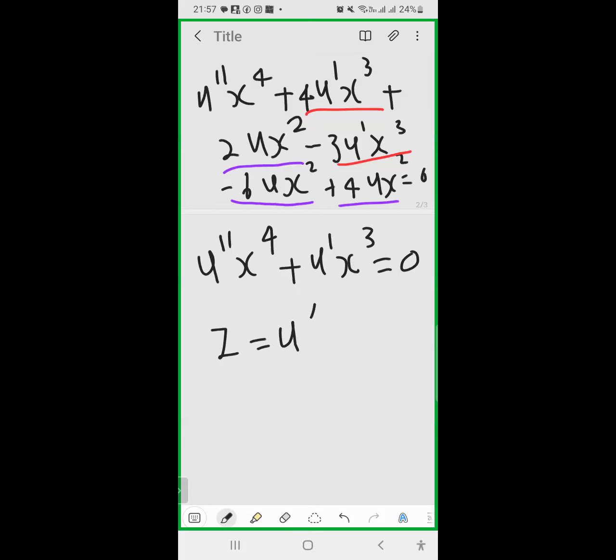Therefore, this tells us that the first derivative z prime will be equals to the second derivative of u. Now let's go and substitute in our equation. So we're gonna have z prime x to the power 4 plus z multiplied by x cubed is equals to 0.